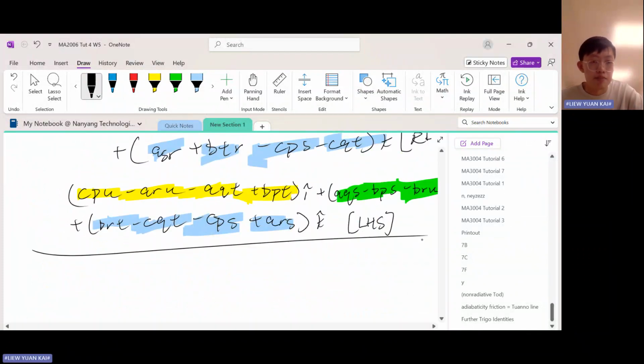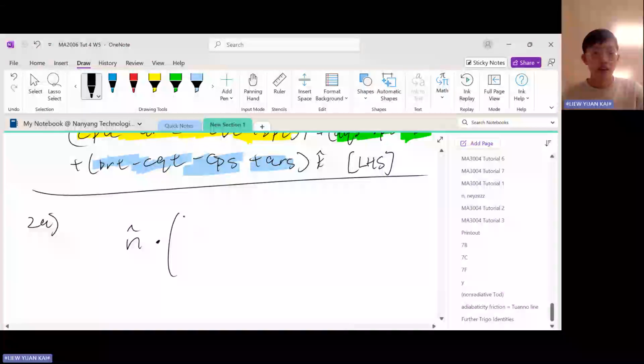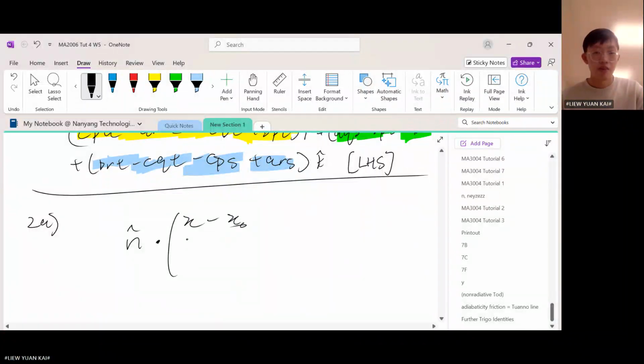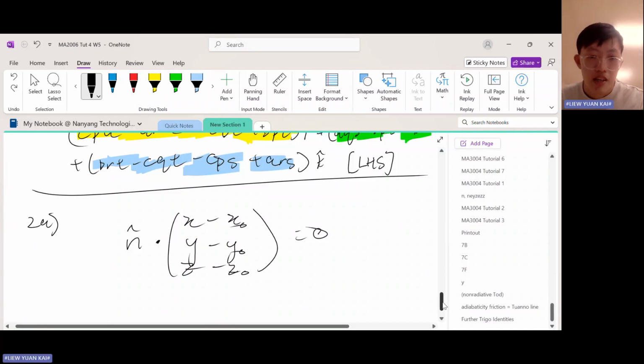For any plane in 3D space, the form of a plane is like this: n hat dot (x minus x naught, y minus y naught, z minus z naught) is equal to 0. This dot is the dot product, the vector operation dot product.